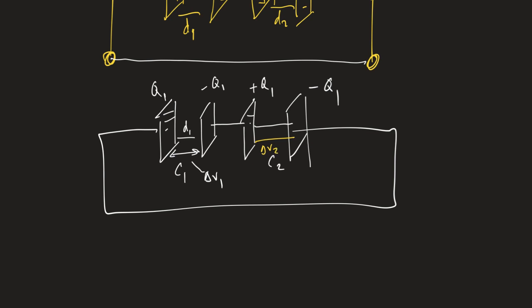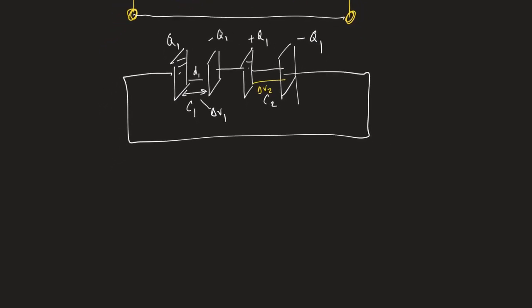So we want to find the equivalent capacitance. What does it mean? C equivalent is the capacitor that we have to install in the middle of the system that will work in the same way. So the capacitor that we have to install here is a capacitor that will have the charge Q1, and I don't know the distance.